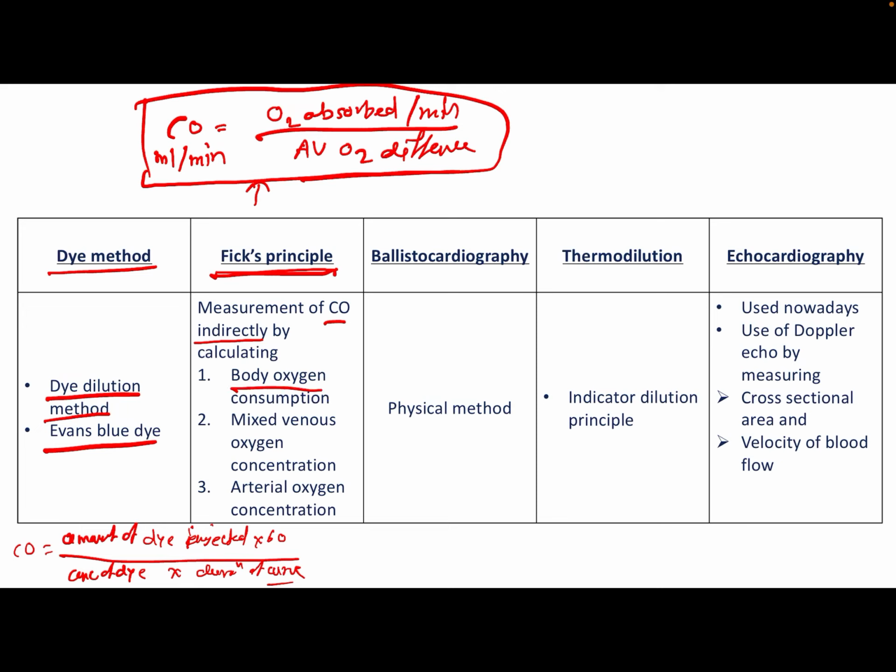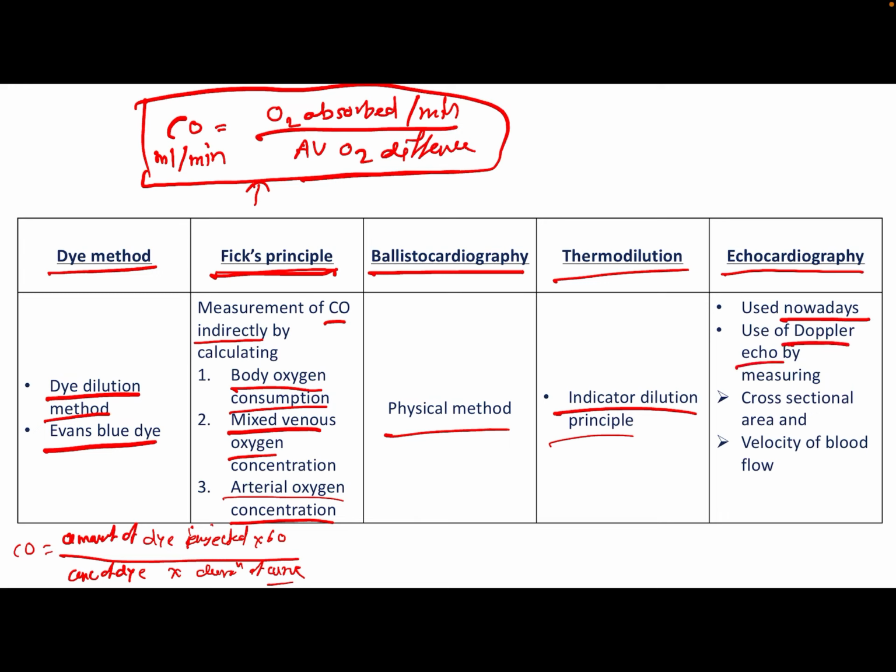Here the body oxygen consumption, the mixed venous oxygen concentration and the arterial oxygen concentration are calculated in this method. The next one is the ballistocardiography method. This is a physical method. Then the thermodilution method, which is based on the indicator dilution principle. Nowadays the most preferred method is echocardiography.